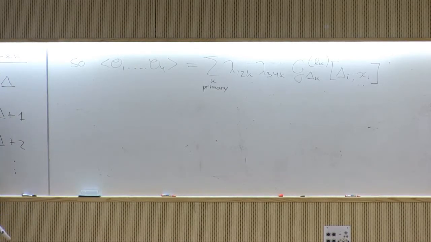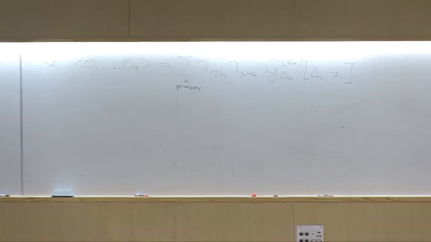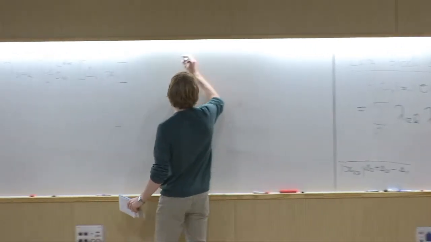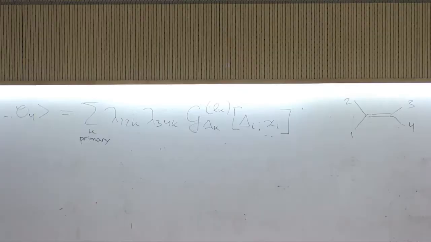But I'm not done yet, because, well, I've fused 1 and 2 together, and 3 and 4 together, so in equation, schematically I did something like this. But I could, of course, also fuse 1 and 3 for suitable configurations.